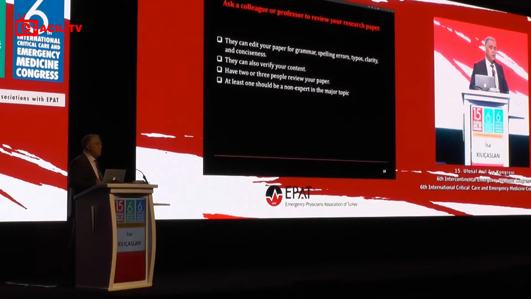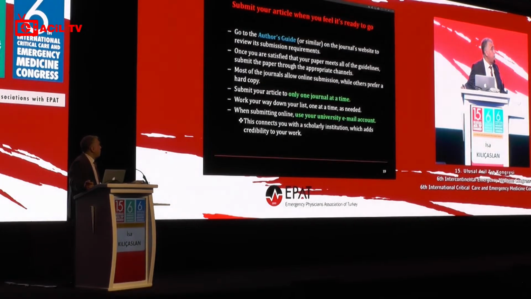They can also verify your content. Also, at least 2 or 3 people can help you with the reviewing process at this stage. But don't forget, at least one of them should be a non-expert in the major topic. After that, submit your article when you feel it is ready to go.